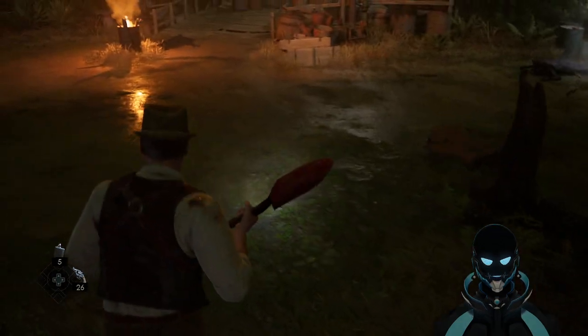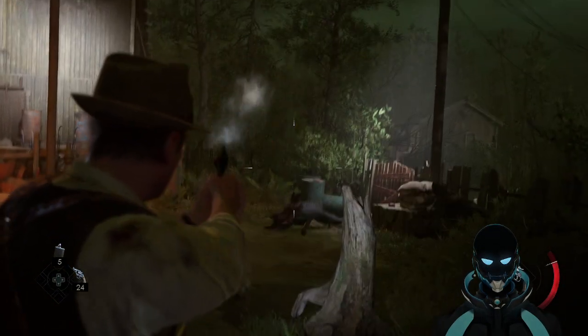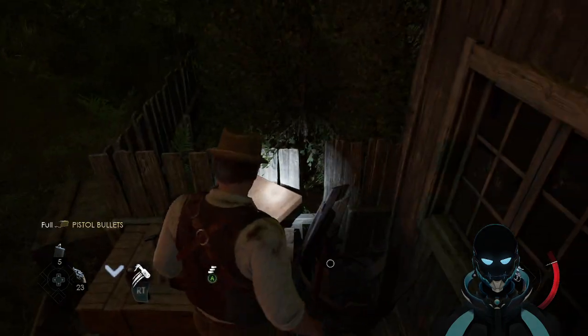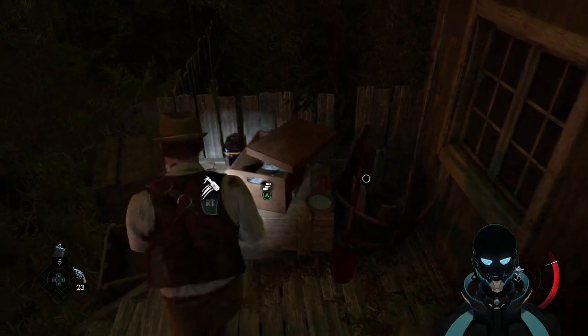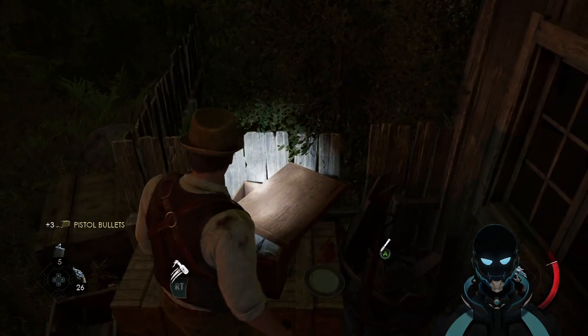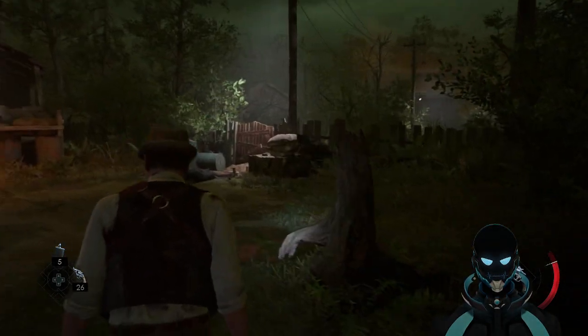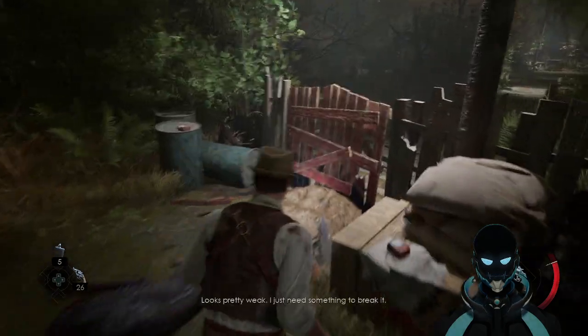Mr. Bullet's full. Didn't know that was possible. Looks pretty weak.